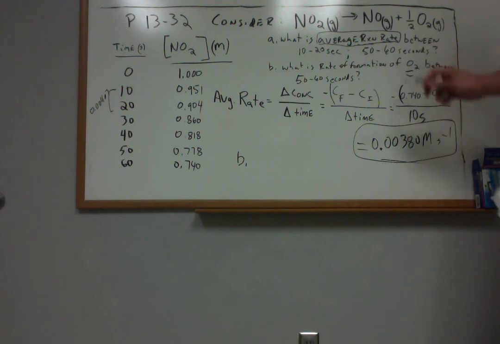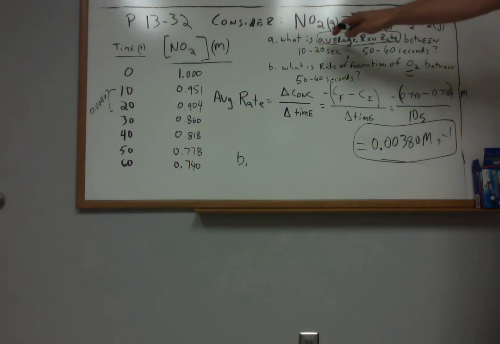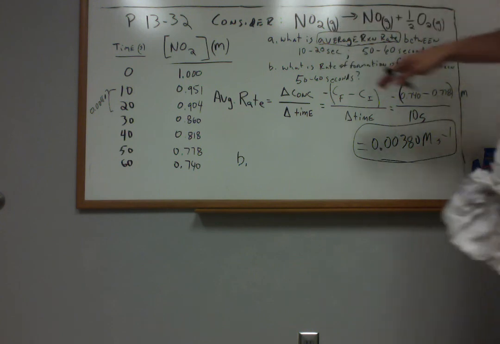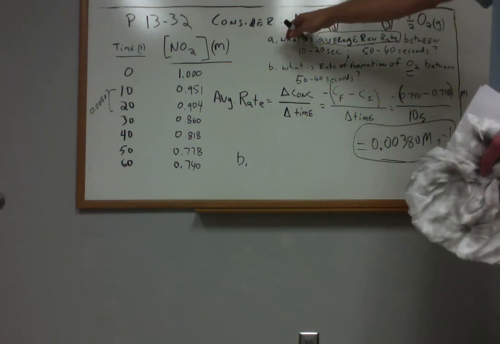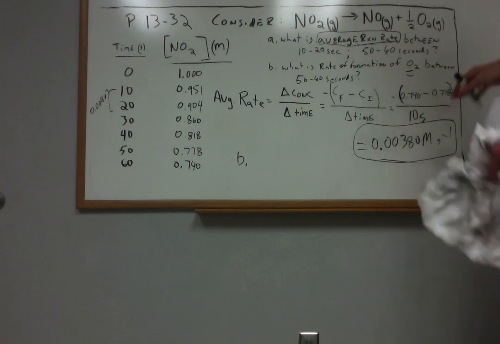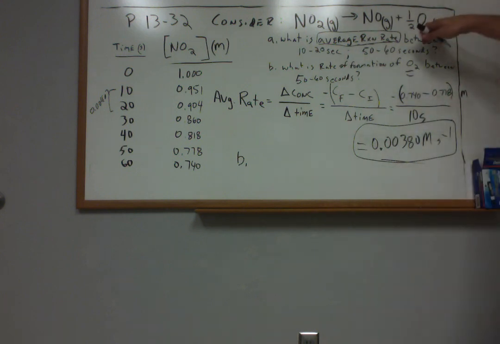That's our reaction rate. But does that tell us the rate at which this is formed? I would argue that it doesn't, and the reason goes back to the stoichiometry. For every 1 mole of this that decomposes, we only produce half a mole of oxygen. So it appears the oxygen is forming at 1/2 the rate that this decomposes.